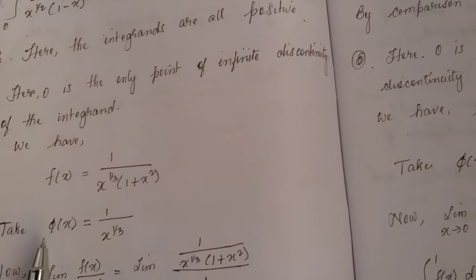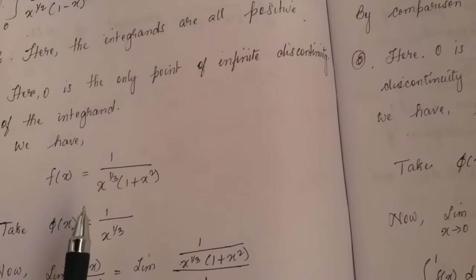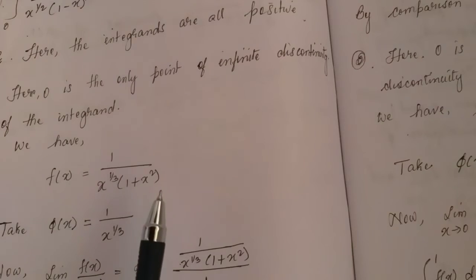But since phi of x and f of x have identical behaviors, phi of x converges to a finite value, it also means that f of x also converges to a finite value.